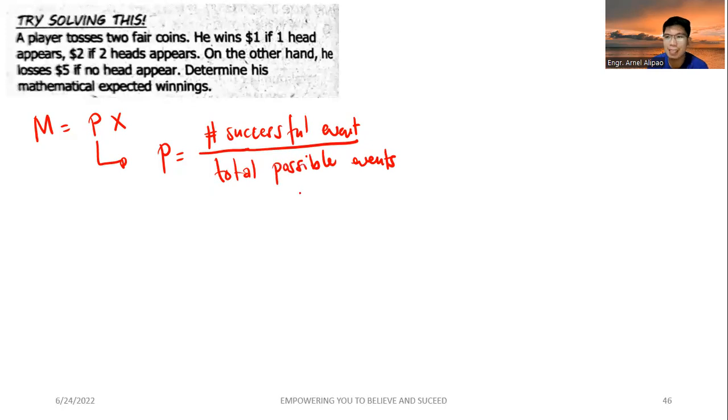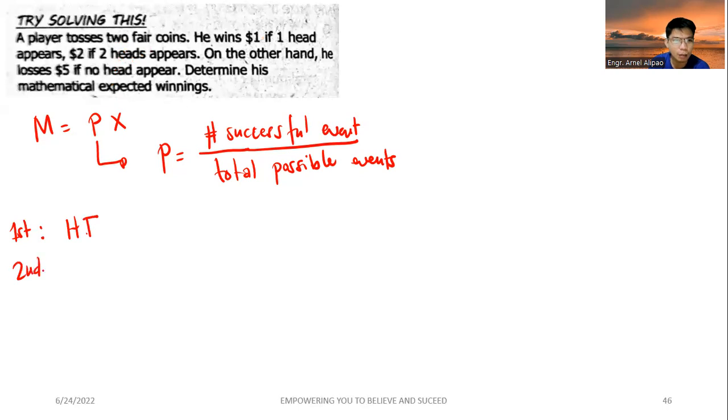So let's see how many events there are in total. First event, it could be the player wins $1 because there is one head. Out of the two coins being tossed, there is one head, and the other one is a tail. Right? So this is the first event.